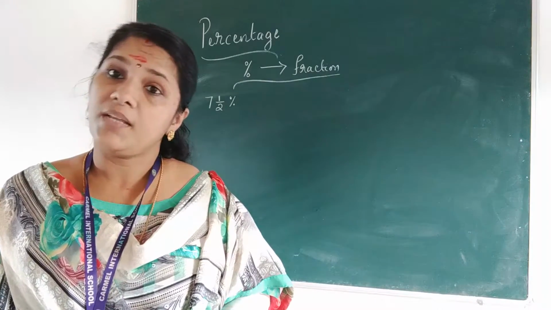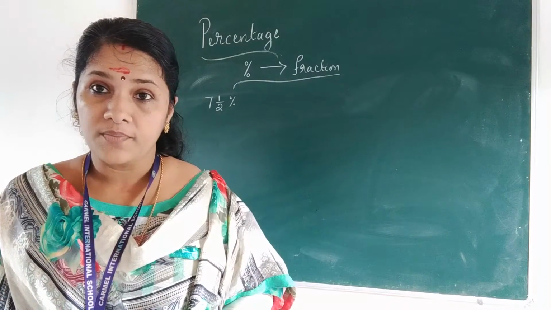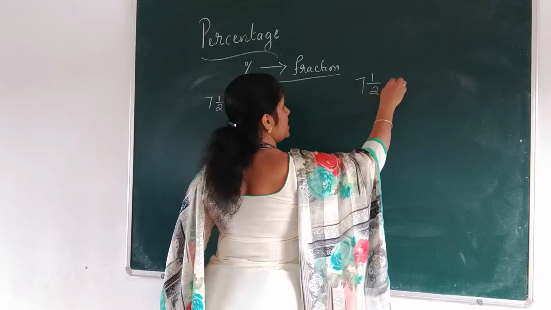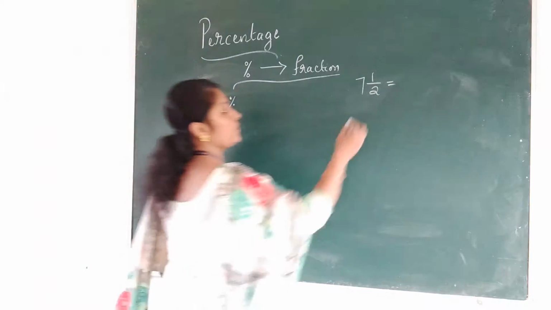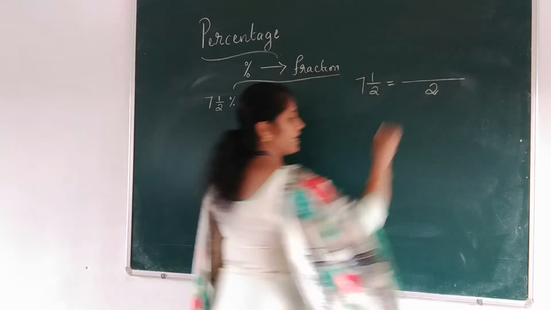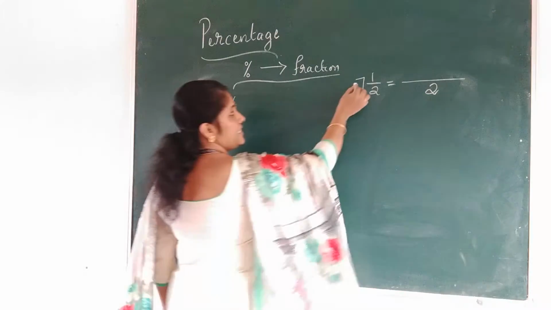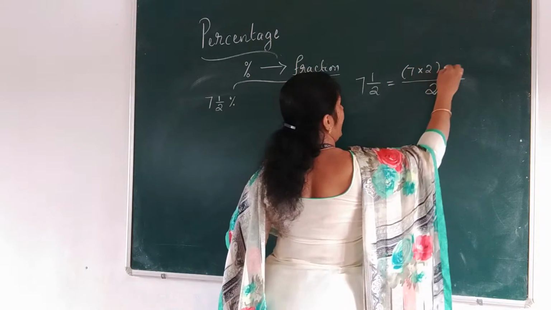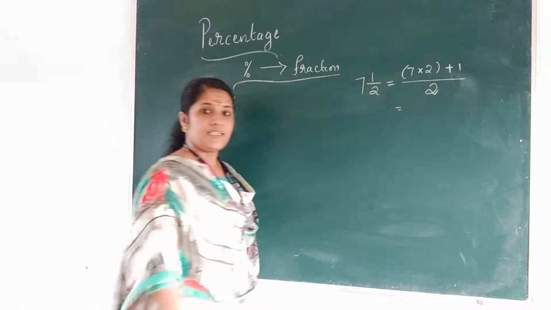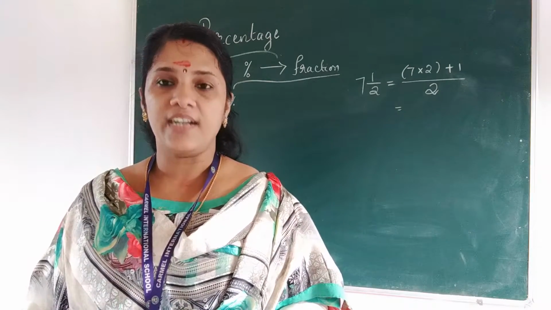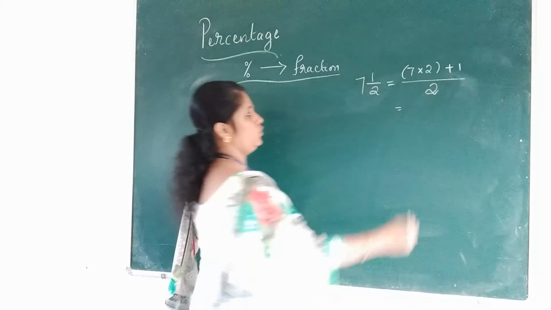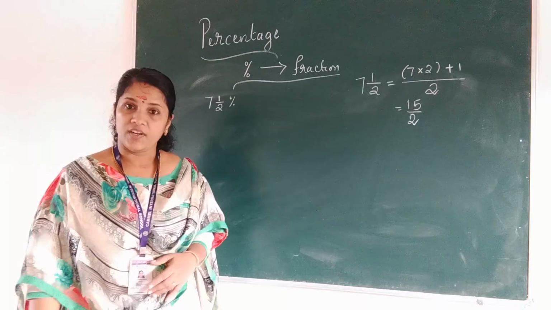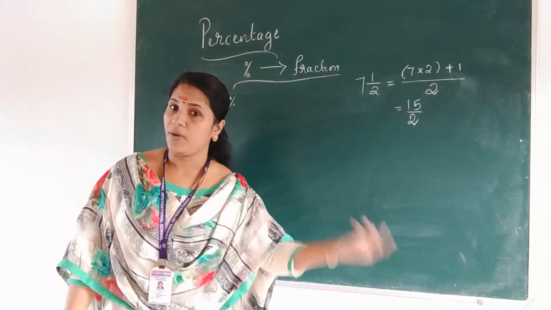So how can we convert the mixed form into improper form? 7 1 by 2 is equal to, denominator remains the same, 2 itself, 7 into 2 plus 1. 7 into 2 is 14, 14 plus 1 is 15. So it is 15 by 2. So we convert the mixed number into improper form.